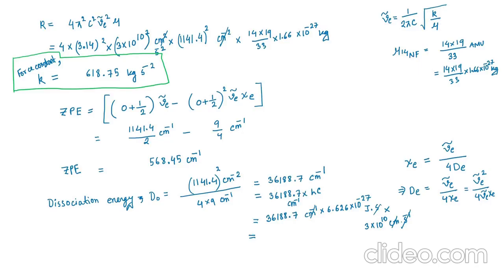36,188.7 into 6.626 into 10 to the power minus 27 into 3 into 10 to the power 10.